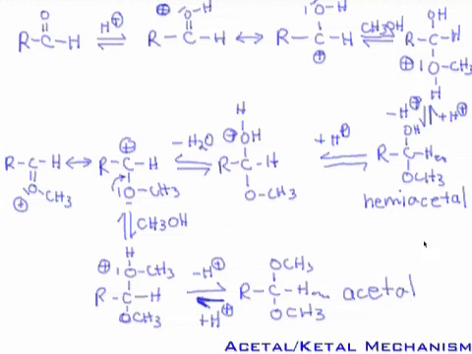If base is around, these guys are stable. So once you form these molecules, the hemiacetal or the acetal, they're known to be more stable in base. Otherwise, if there's any water around, you'll drive the equilibrium back to the carbonyl.